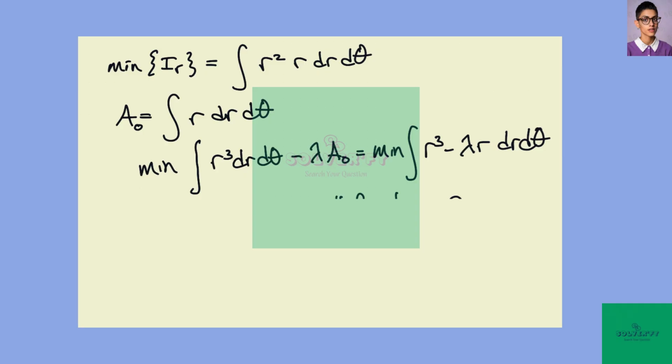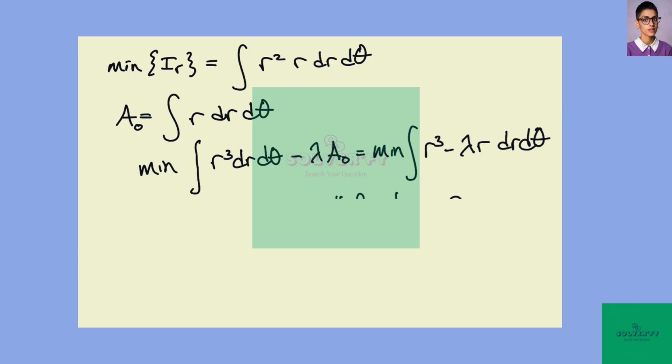So now we have an unconstrained minimization problem, since we added our constraint into the minimization problem. And now we need to find a function that minimizes r cubed minus lambda r over the area of the region surrounded by r. And lambda is an unknown.